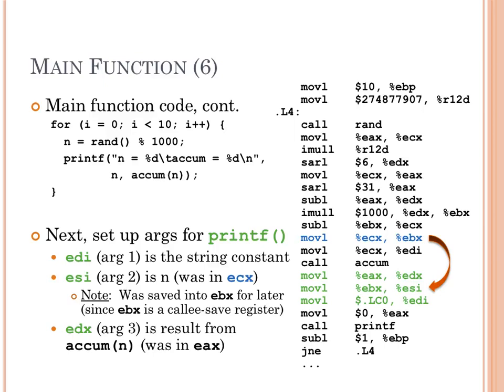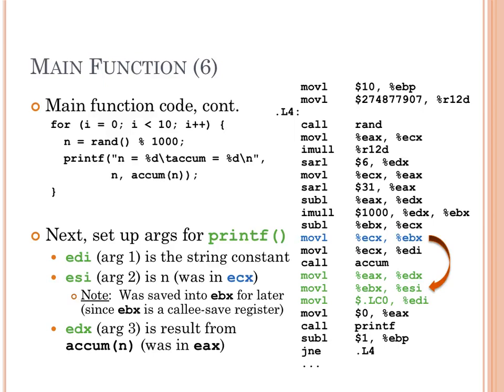Now there's a little weirdness going on, because you notice that n was calculated and then we moved n into EBX. Why did the compiler do that? EBX happens to be one of the registers that the callee is responsible for saving. So the compiler is like, I need this value later, so why don't I just stuff it in EBX, and when I call my functions, they have to save it if they touch EBX, but I know that the value will remain unchanged, because it's presuming everybody follows the same convention, right?